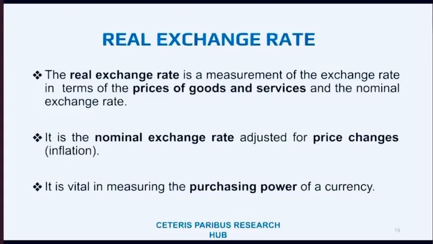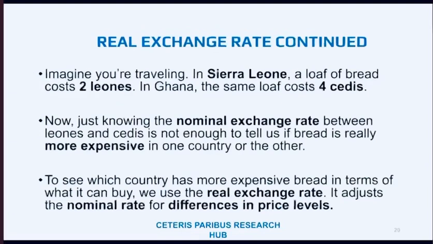So to really see which country has more expensive bread in terms of what it can buy, we use the real exchange rate. The real exchange rate simply adjusts the nominal rate for differences in the price level. So it is only when you take into consideration the prices in both countries and the nominal exchange rate that you'll be able to determine which country has more expensive bread than the other.